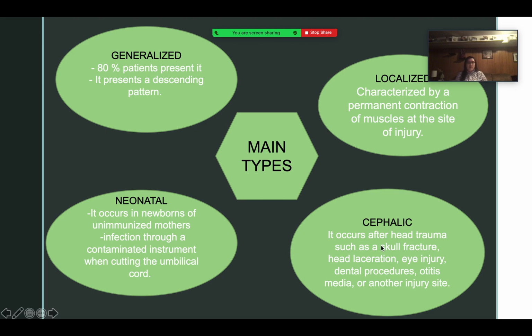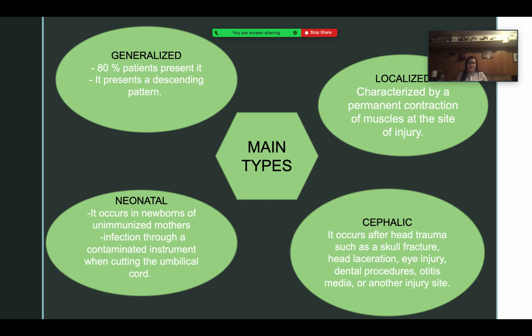The fourth one is cephalic tetanus. It occurs most commonly after a head trauma, such as skull fracture, head lacerations, or eye injury. The clinical characteristics of cephalic tetanus are neck stiffness, dysphagia, trismus, retracted eyelids, and risus sardonicus.